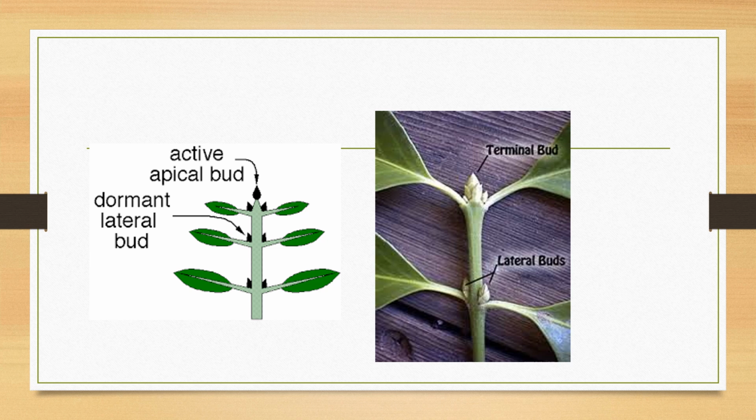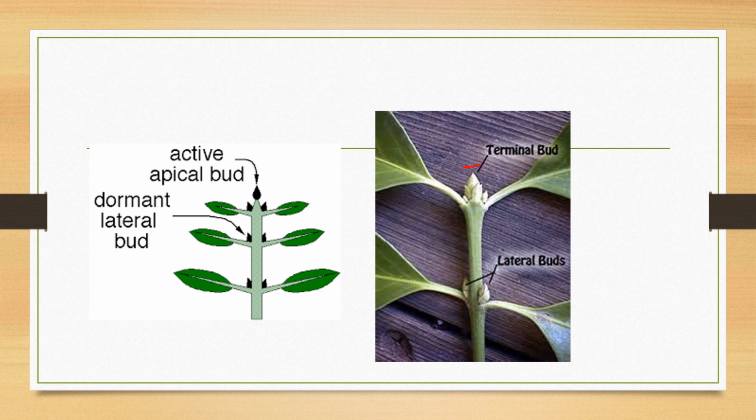In this picture you can see the terminal bud in the upper end or the tip of a stem, which allows the stem to elongate in an upward direction.